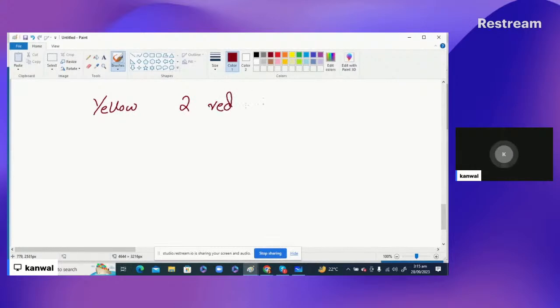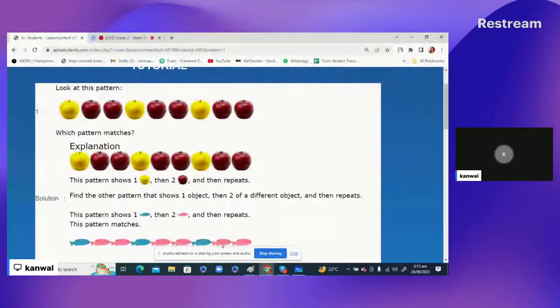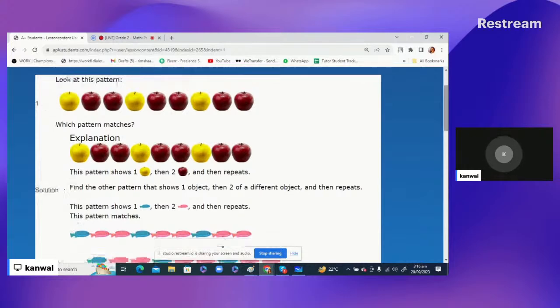After that, it's again one yellow, then two red, again one yellow, again two red. So when we check, here is one yellow, two red, one yellow, two red, one yellow, two red. So what's the next pattern for that? One yellow and two red. And then this pattern repeats. This shows that one is your yellow and then two are your red, and then it repeats the same thing.